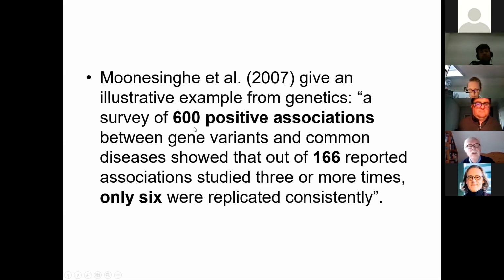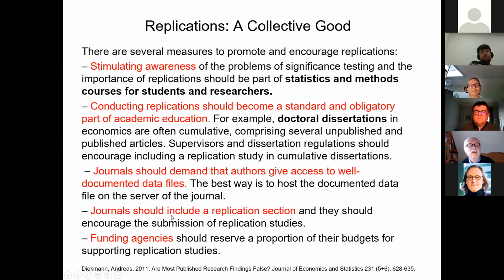What we read in newspapers very often is that this or that gene is responsible, because these are the announcements, and this is what is left after several replications. So replications, replications, replications, and I end with this list of recommendations.